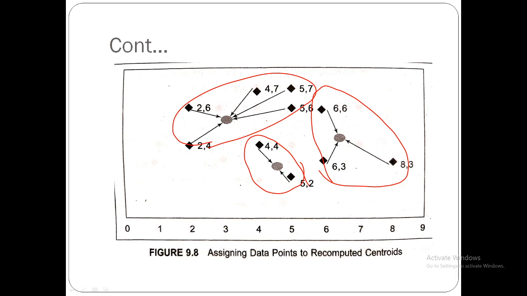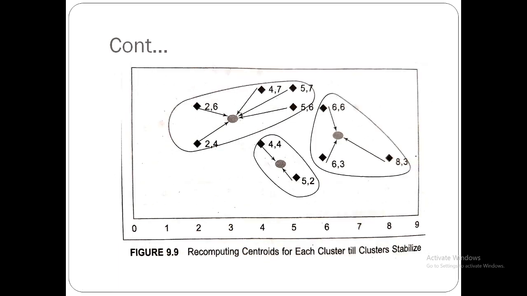From these 3 data points, find the centroid, until the locations of the centroids stabilize. These are the 3 clusters computed by the algorithm. These are the 3 clusters we found from the K-means algorithm.